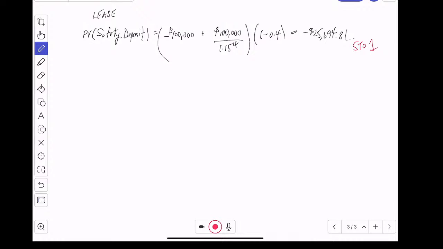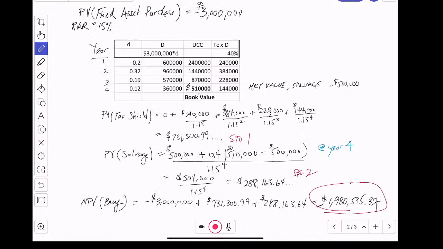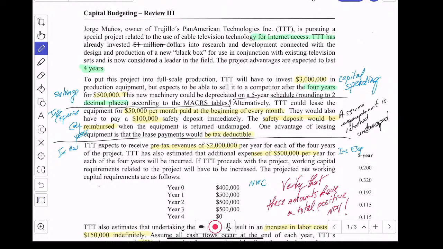And there's only one other thing. We have to pay for the lease. Let's go back and look at the case. Look what it says. $500,000 per month paid at the beginning of every month. So how do we do that?